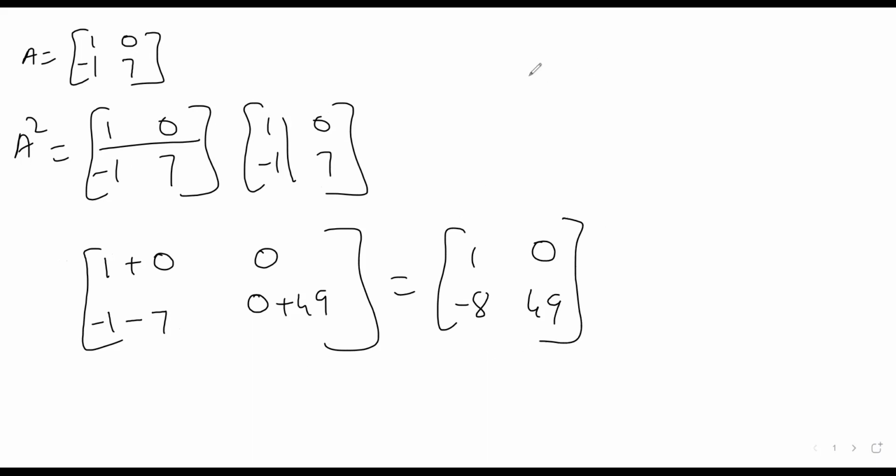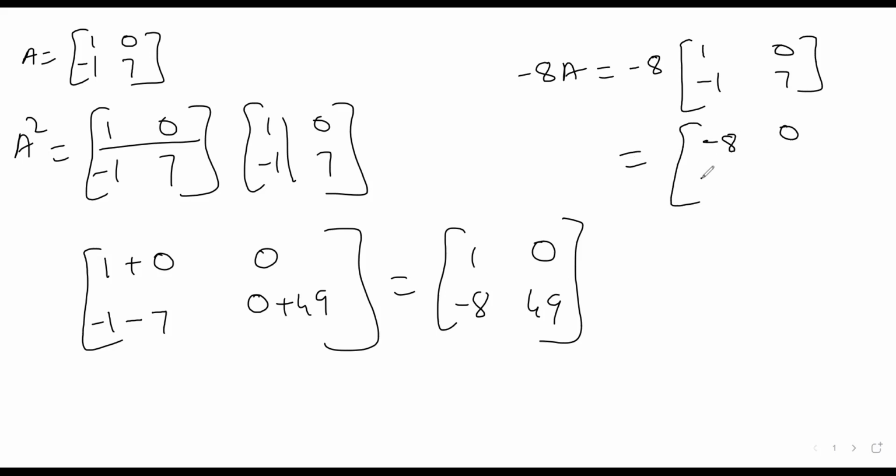Then you have to find out minus 8A. Okay, so this minus sign is causing the mistake. Minus 17 minus 8A will become minus 8 0 plus 8 minus 56. Now A square minus 8A.